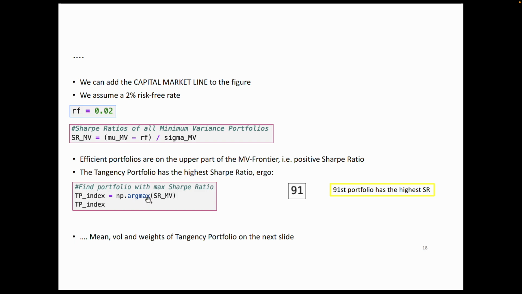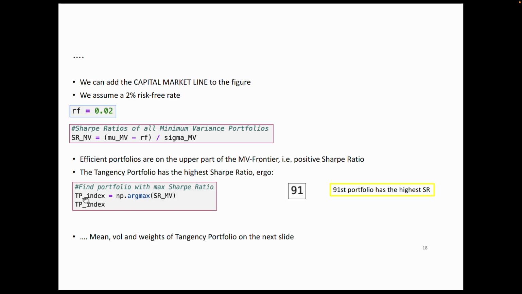It helps also from the formal training that we know the argmax of an expression is the index for which the expression is maximized. As an input to the method, I give in my Sharpe ratio MV vector, and I'm asking for which argument that vector is maximized, and it gives me back an integer because the indices go from 0 to 400, and I'm saving that argmax in TP underscore index.